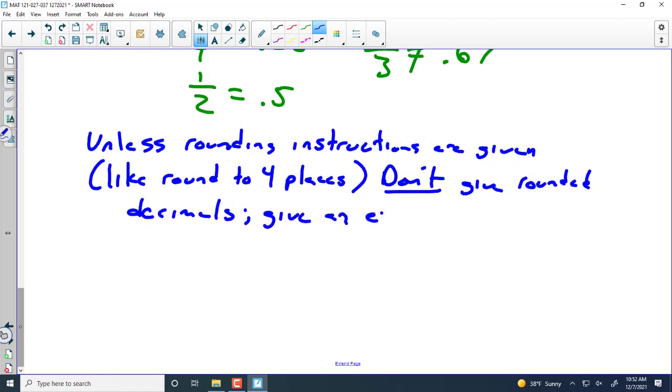Give an exact answer. That's a good tip-off. If you're supposed to round on a problem, it should tell you what to round to. If it's not telling you what to round to, then you're not rounding on that one.